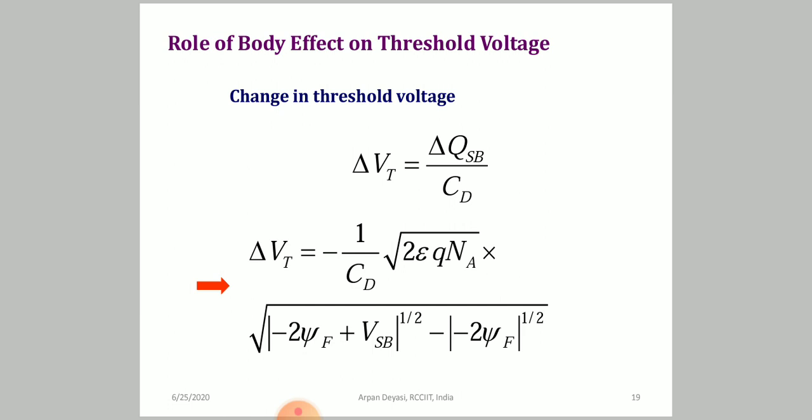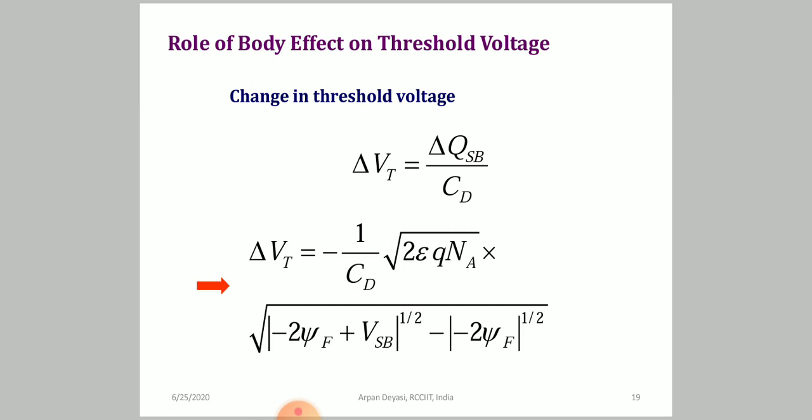Naturally, the change of charge is divided by the capacitance, so you divide the expression by CD, and that will be the expression of delta VT, the shift of the threshold voltage. So altogether we are getting this shift of the threshold voltage from these expressions, and that's the derivation.